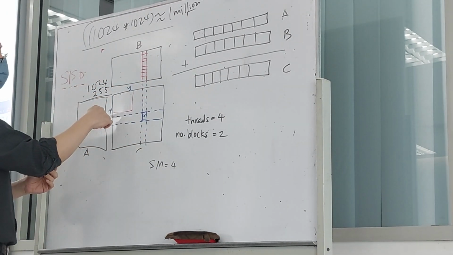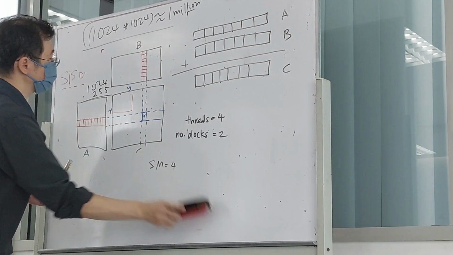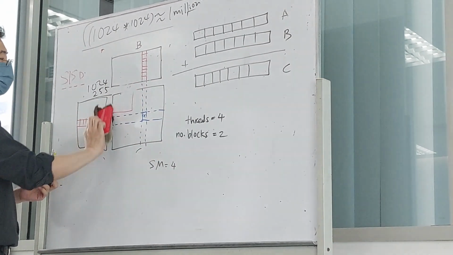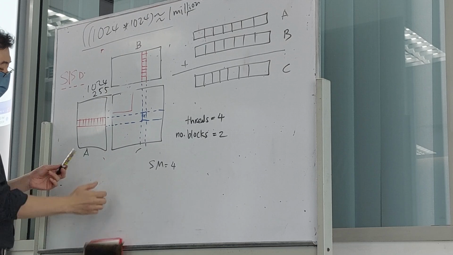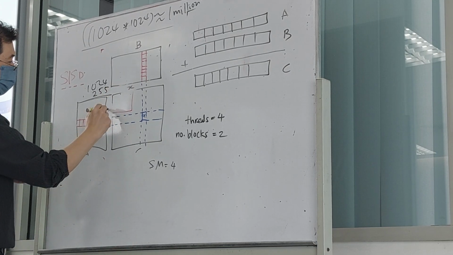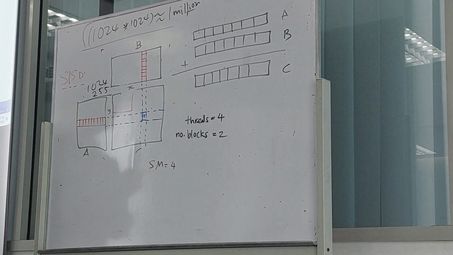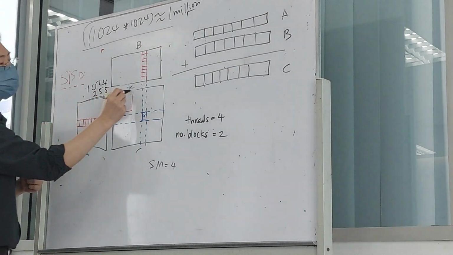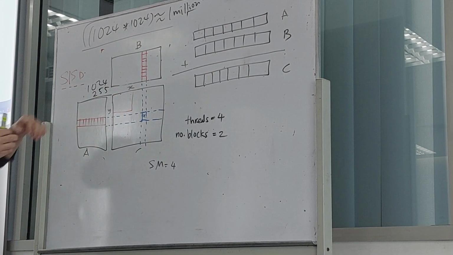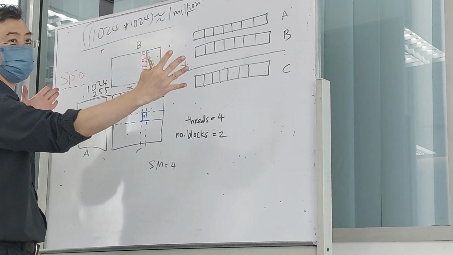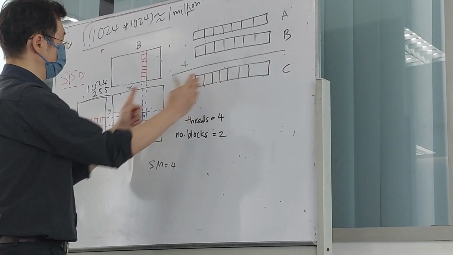Okay, one in X. Sorry, this one is X, this one is Y. Okay? But the number of threads is still the same. That means if you can view this thread in linear, this one is next to it. Right?